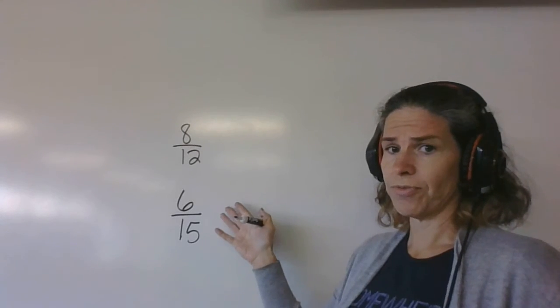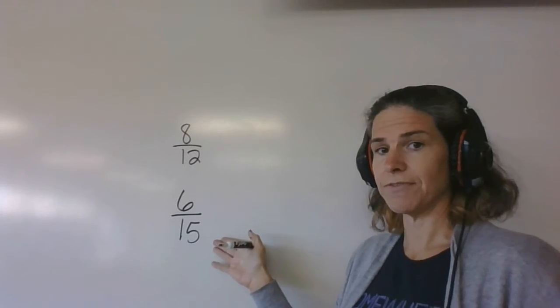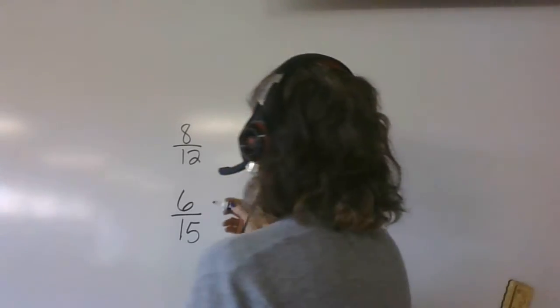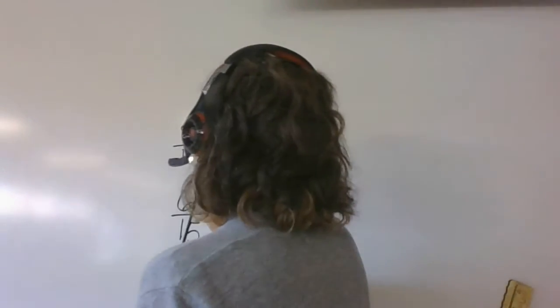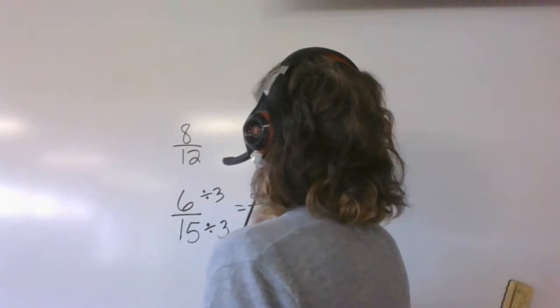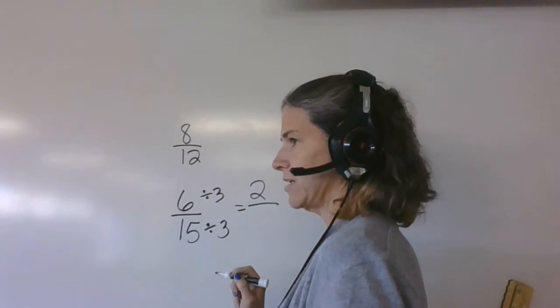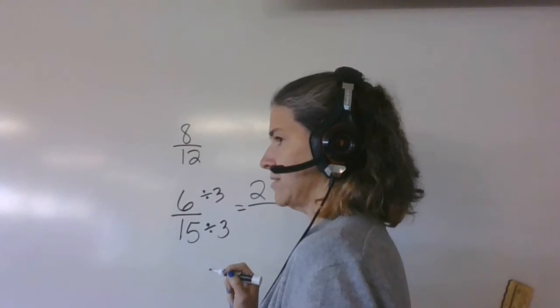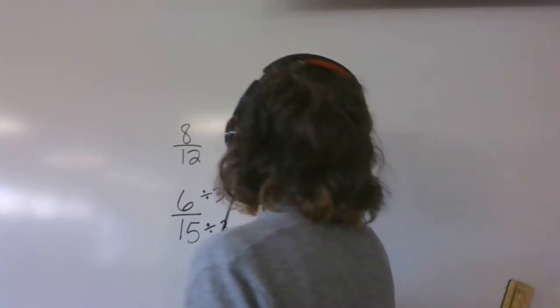But I do know that 3 goes into 6 and 3 goes into 15 evenly. So if I divide 6 divided by 3 and 15 divided by 3, 6 divided by 3 is 2. 15 divided by 3 is, oh, I think I heard somebody say 5.